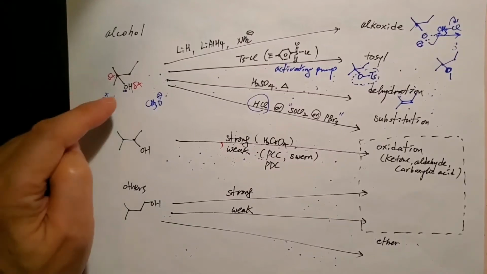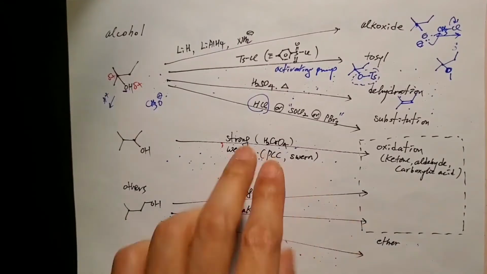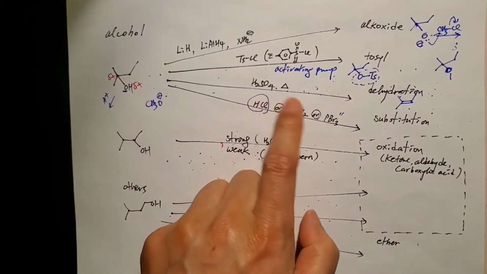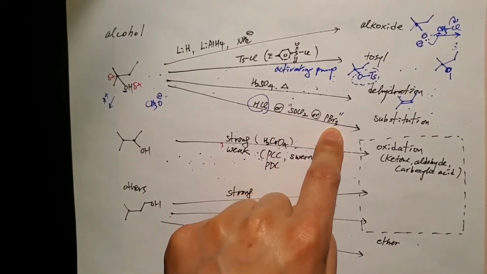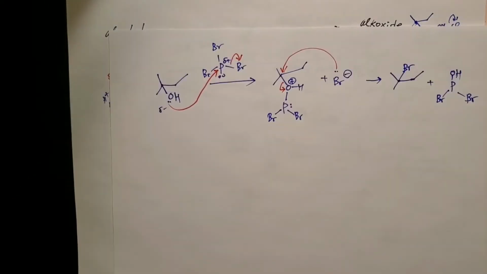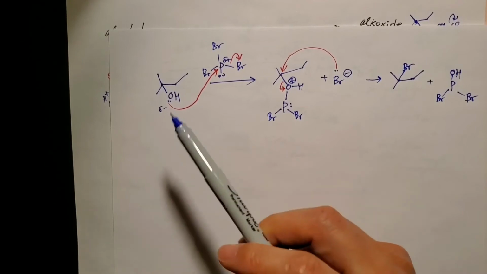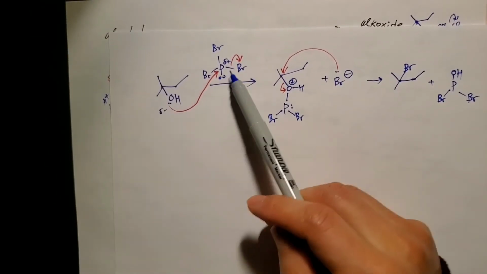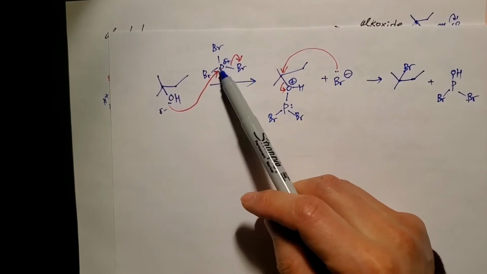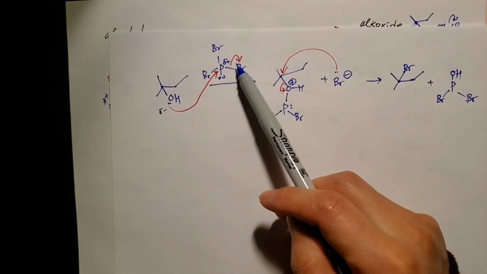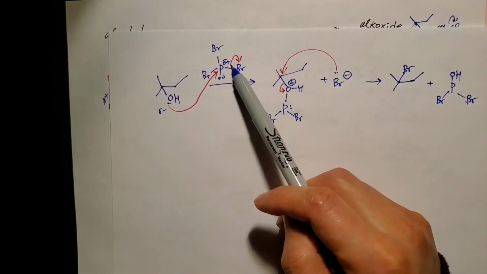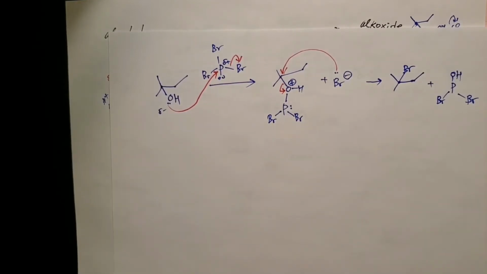Okay, so you can replace the OH without rearrangement. You can put chlorines, you can put Brs. Yeah, so the basic oxygen, very weak but basic, is able to attack the acidic phosphorus with the 3 leaving groups and develop the positive charge and donate and kick out the bromine.